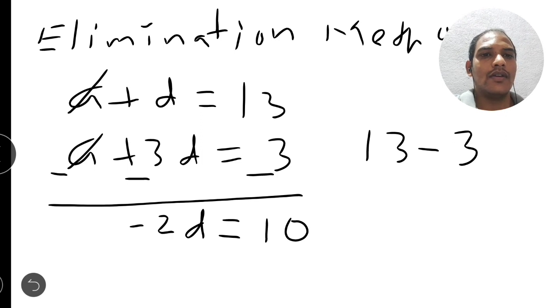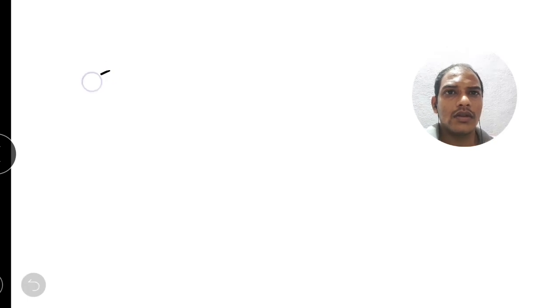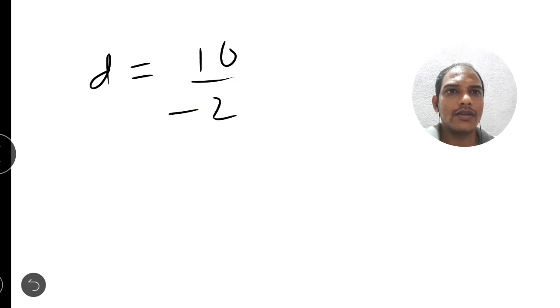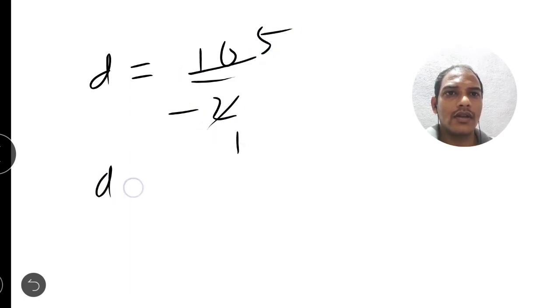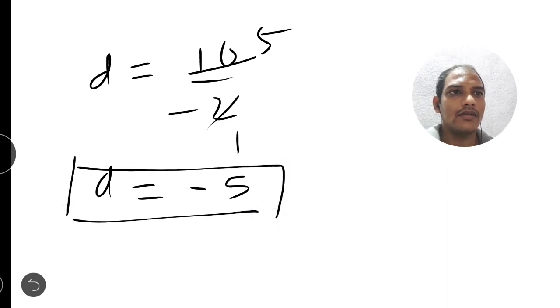Now let us find the d value. Minus 2 into d equals 10. Then d equals 10 divided by minus 2. 2 ones are 2, 2 fives are 10. So d equals, the minus sign will come for the 5. So the d value is minus 5.